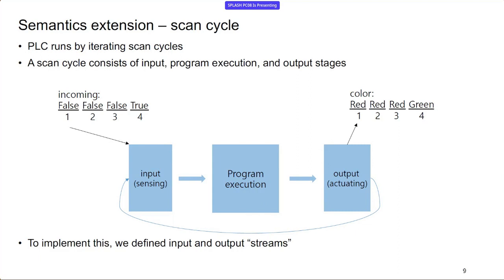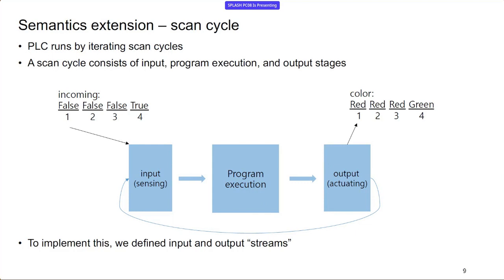And after the execution, let's say the variable color has the value red. And then in the controller, in the output stage, it reflects the value red and turns the hardware device, the light, to really red. And then after that, it repeats the whole process over and over.